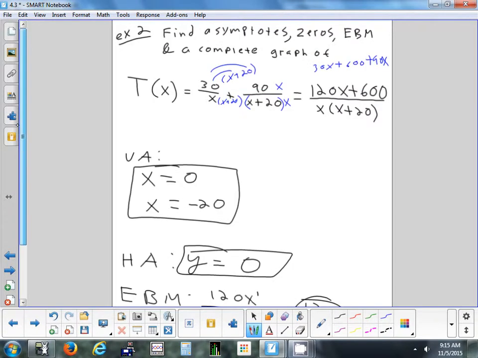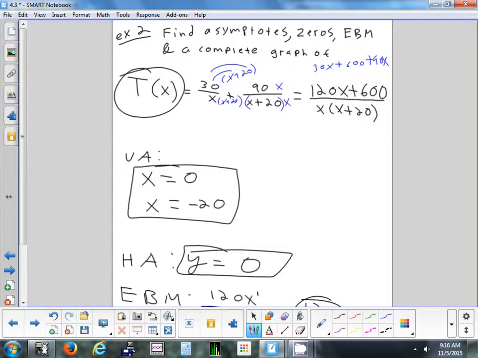All right, what else do they want? We've got our asymptotes, we've got our EBM, complete graph, oh, and the roots. Well, we can get the roots, or the x-intercepts, just by setting y equal to 0. So what's the only way that a fraction could equal 0?